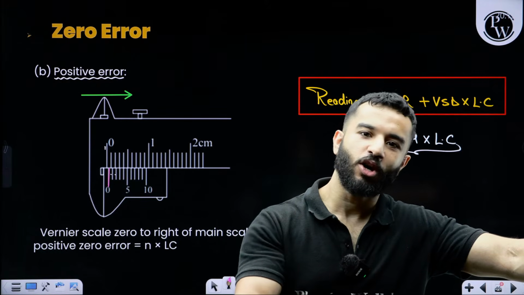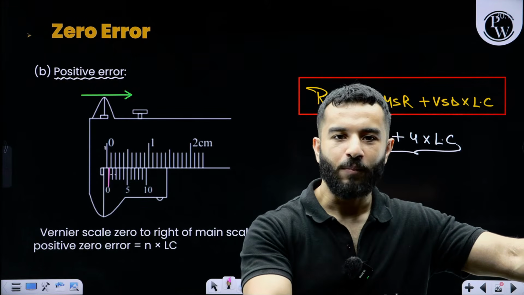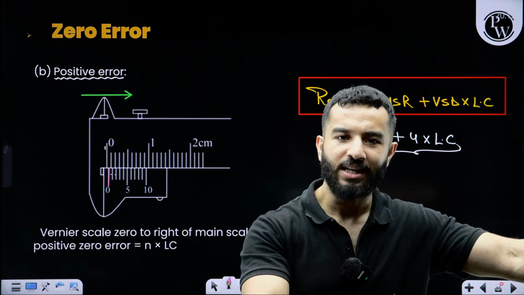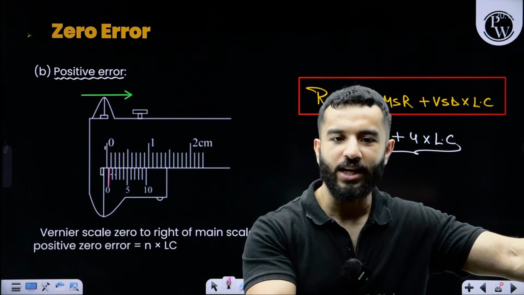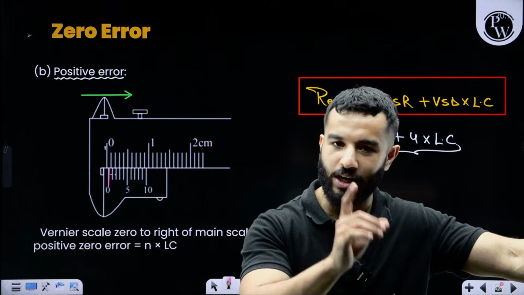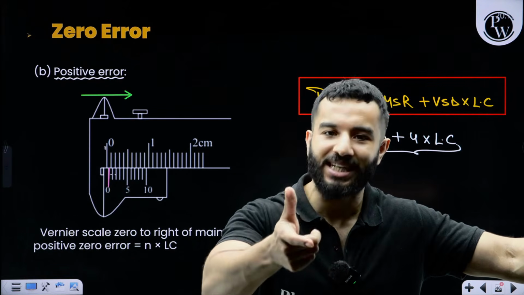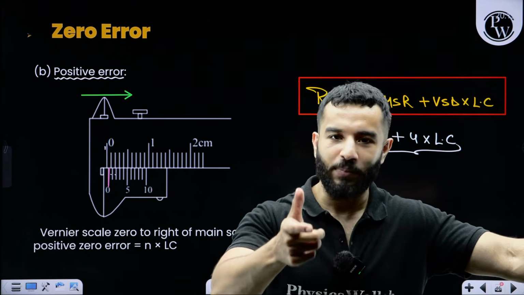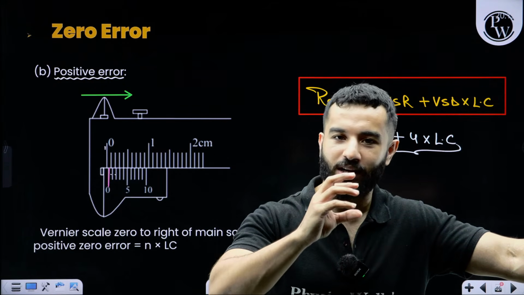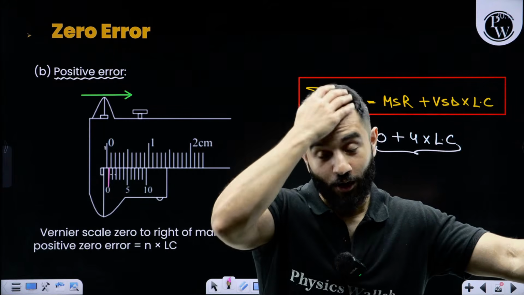And let's suppose your friend measures their weight and says my weight is 62 kilogram. So you are going to say your actual weight is 64 kilogram. So you are compensating it, hopefully you are getting what I am trying to say.